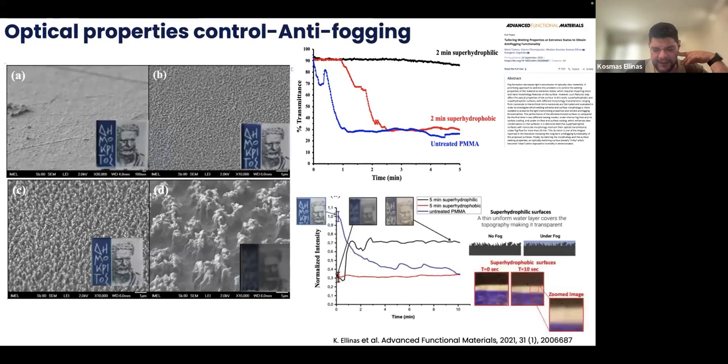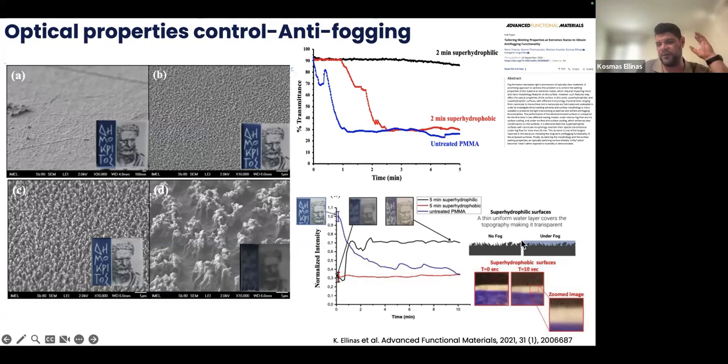Another optical related application is the one I'm showing you here, in which, again, without destroying the initial properties of plexiglass, we managed to have a glass that, even if it is exposed to a flow of humidity, it doesn't become blurry.